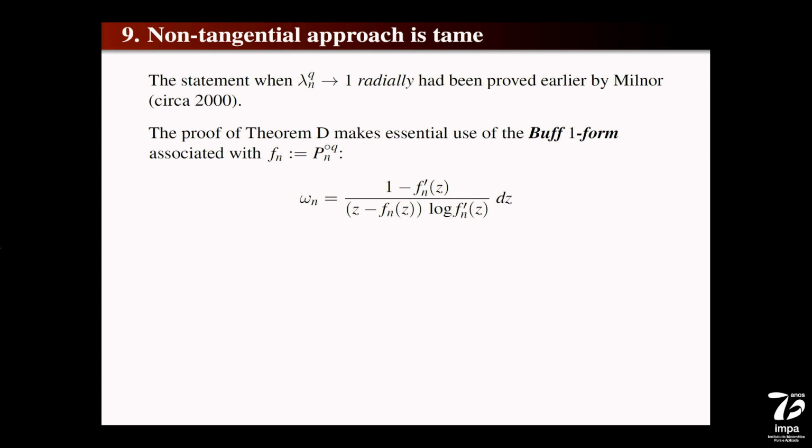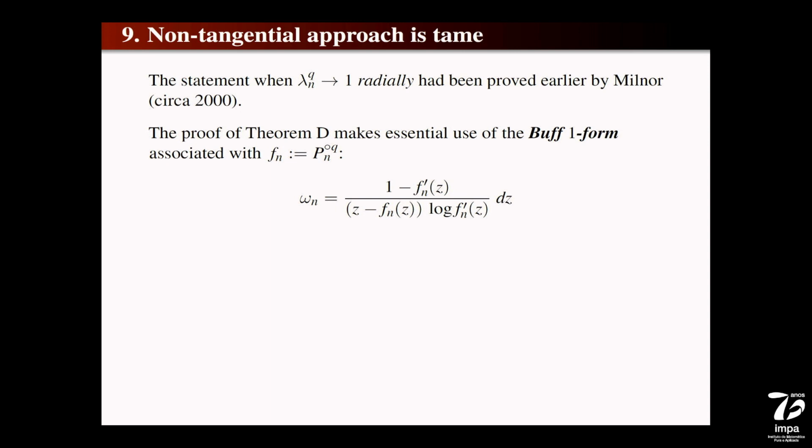But it was Buff's observation that if you're willing to make this a little more complicated looking by incorporating this extra term, 1 minus the derivative on the top and the logarithm of the derivative on the bottom, where there is a well-defined branch of this logarithm, then this form has extra properties that are very useful.